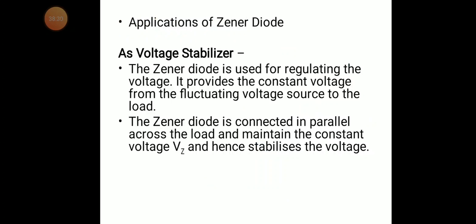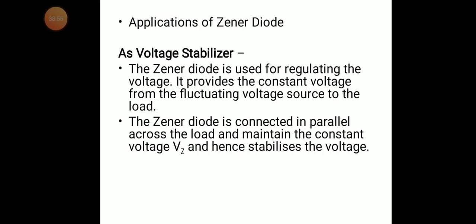So where do we generally use Zener diodes? As a voltage stabilizer, which we can also call a voltage regulator. The Zener diode is used for regulating the voltage.